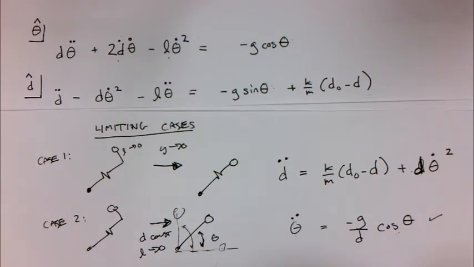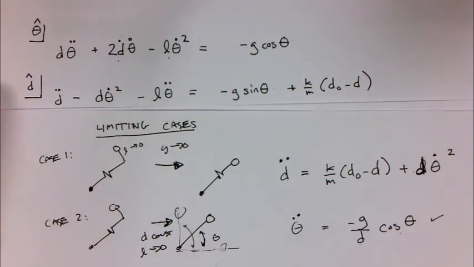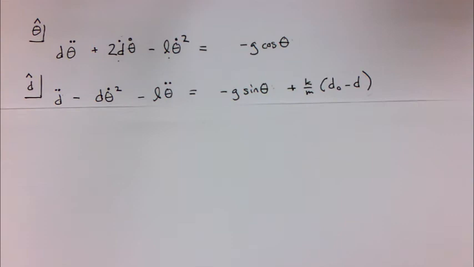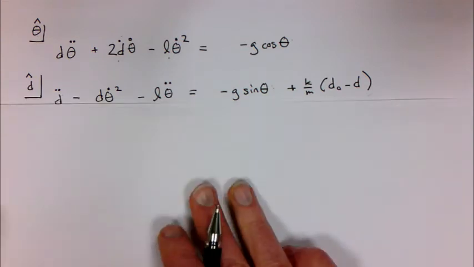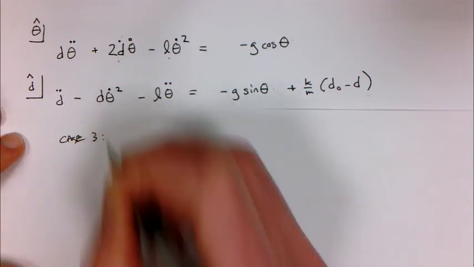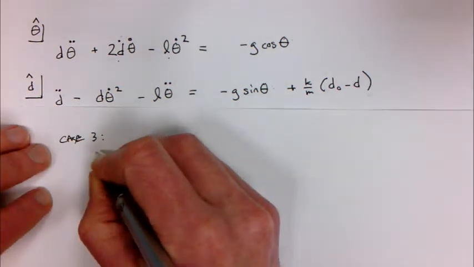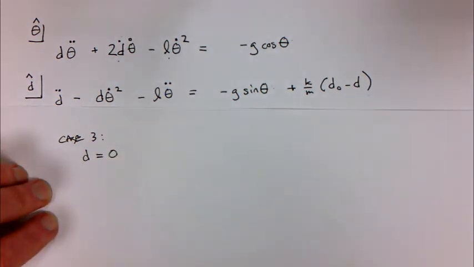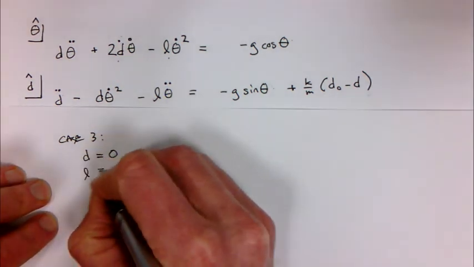A third limiting case that would be good to do, and I'll maybe transition to a separate, so case 3, what happens if we require that d be 0, and L not be 0?